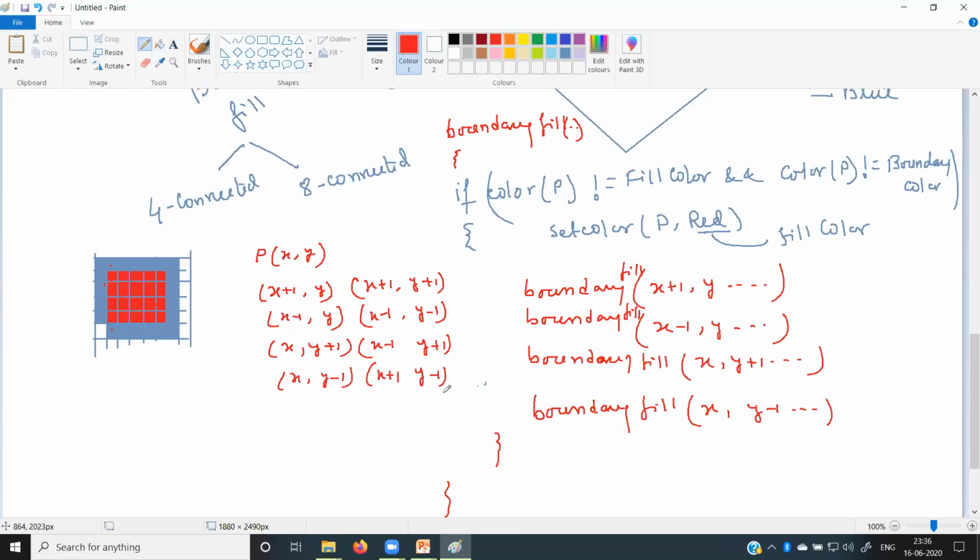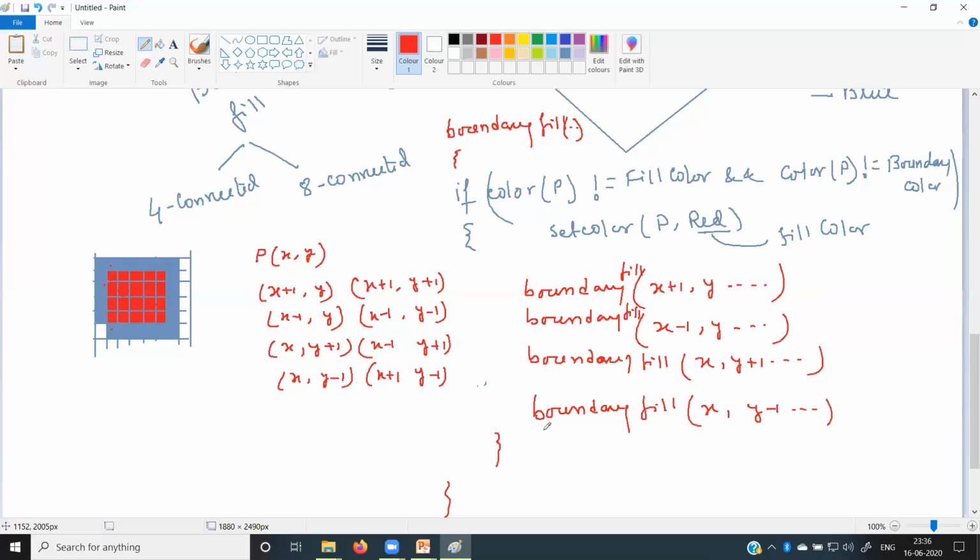So those are the other 4 coordinates. Basically we are selecting the 4 corner points, and the coordinates for the 4 corner points are those.